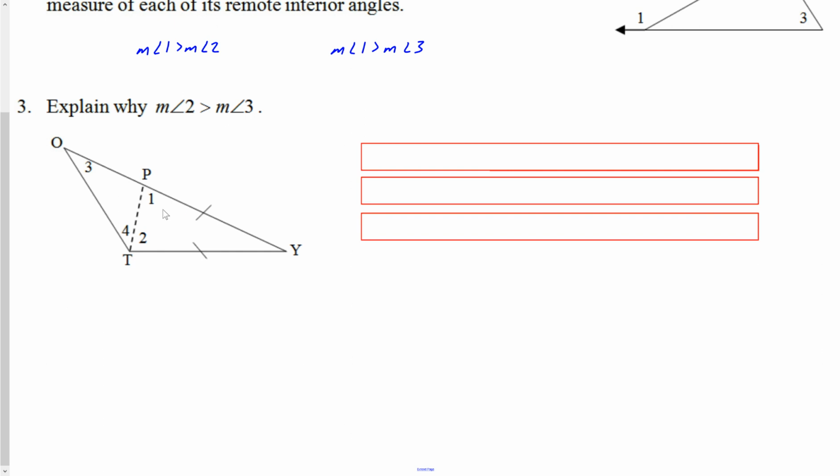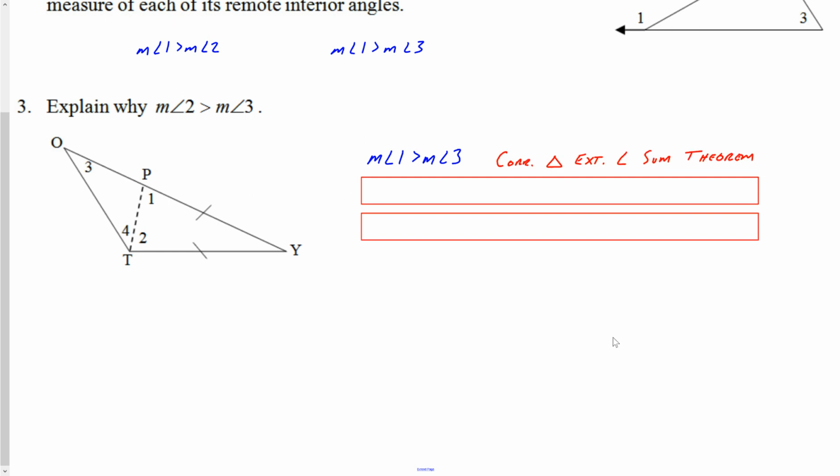But we can say that angle 1 is an exterior angle of triangle TOP, so we can conclude that the measure of angle 1 is greater than the measure of angle 3 because of that corollary to the triangle exterior angle sum theorem that we looked at right above.